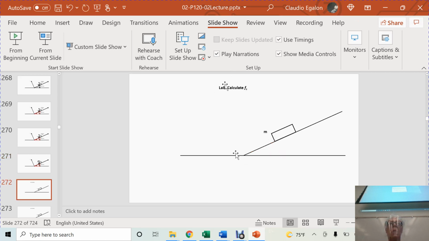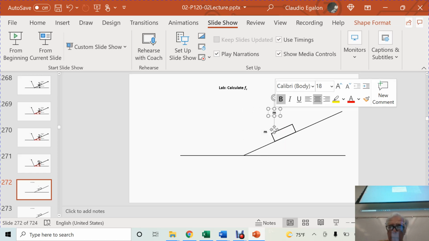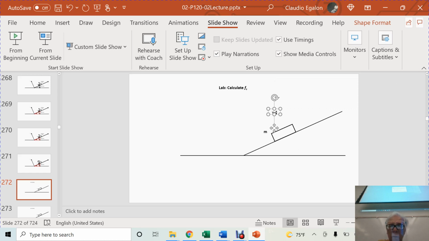Okay, now we're going to calculate the force of static friction. And what else do you need to know? You need to know that the object is at rest, v equal to 0. Too small.